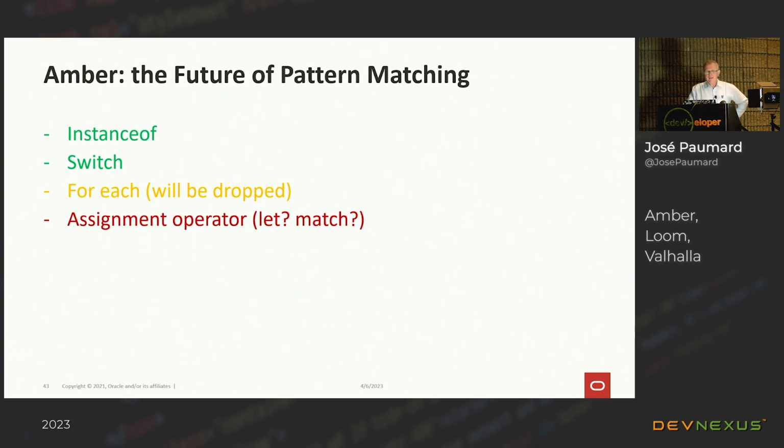And the last one is the assignment operator, finding an assignment operator, maybe let, maybe match. There are discussions about that. And to be able to automatically check and deconstruct a variable in a pattern directly, or to call a named pattern that has been defined on the class if it's a regular class. Okay? So that's for pattern matching.